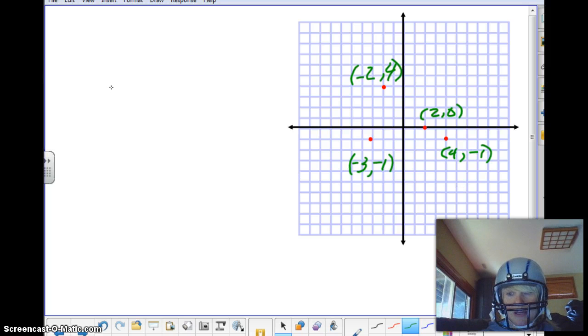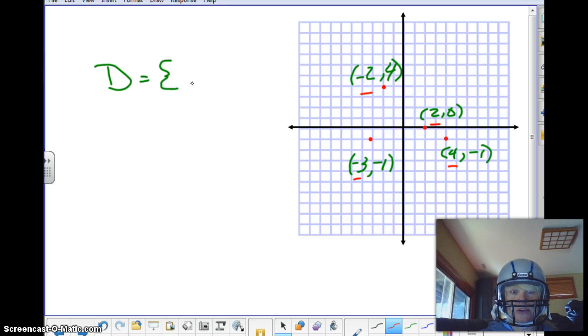So often you'll be told to identify the domain, so we can just put d equals, and you can put a little ellipsis there. And generally we just list them from least to greatest order. So my domain is going to be -3, -2, 2, and 4.